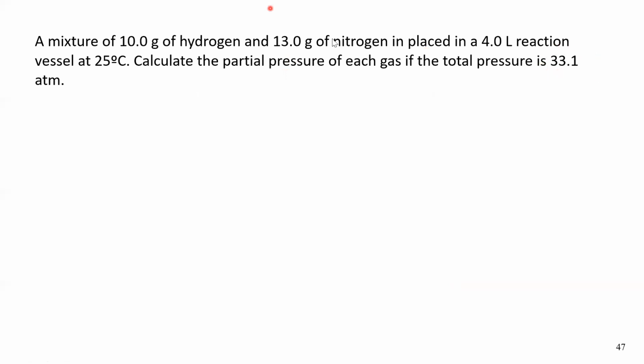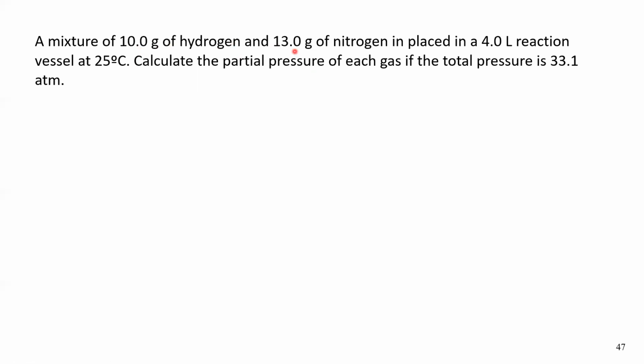We're going to need to figure out the mole fraction for the hydrogen gas and the mole fraction for the nitrogen gas. And then we're going to be able to figure out the partial pressure for each of the gases. So before we can figure out mole fractions, we're going to have to convert grams of hydrogen to moles and grams of nitrogen to moles.